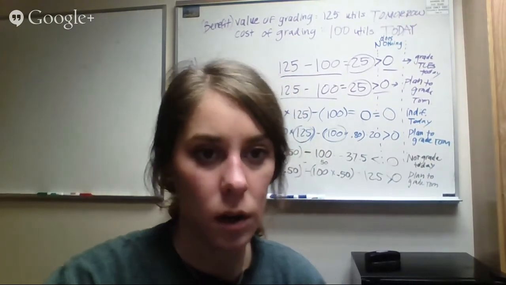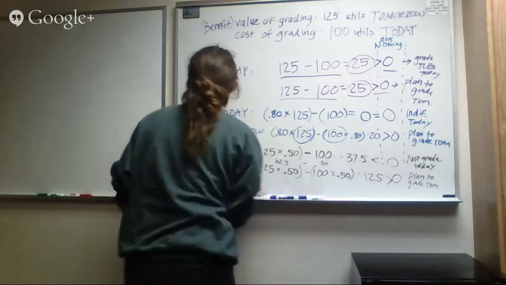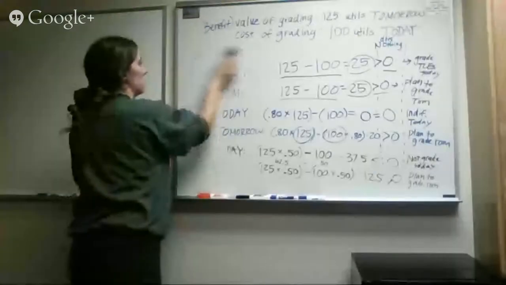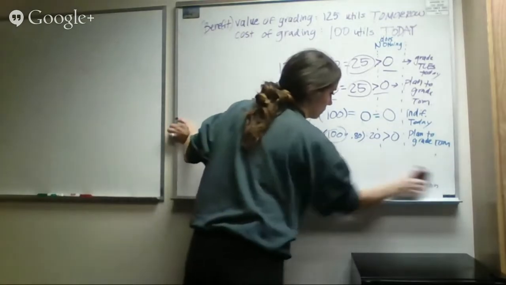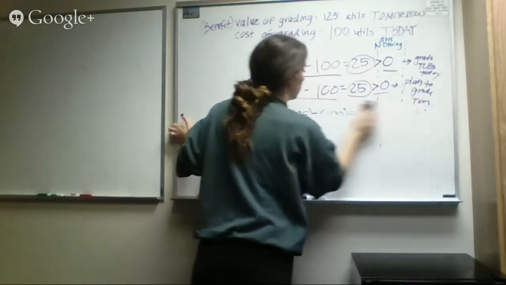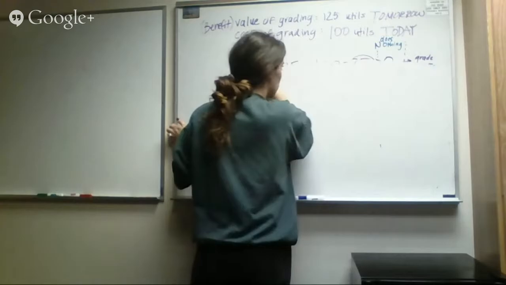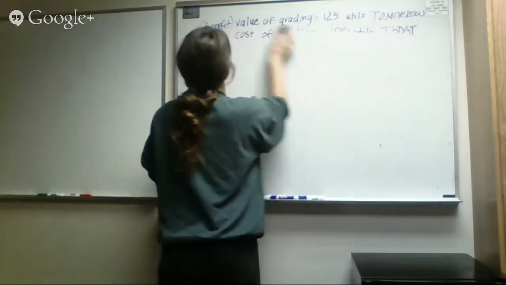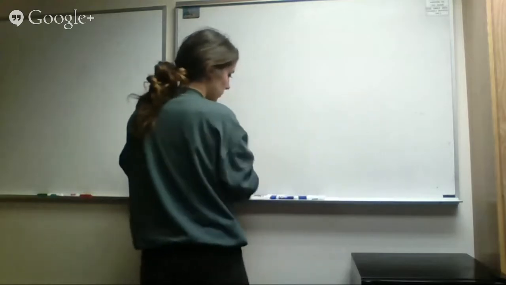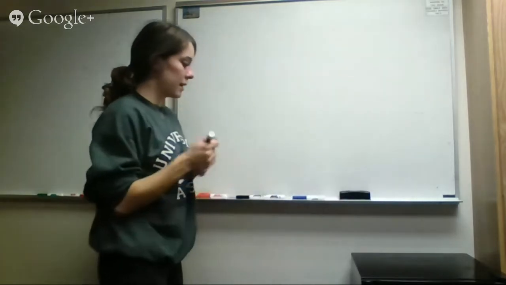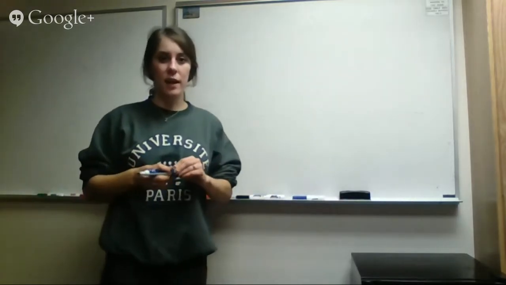Okay, so I'm going to move on to number 4 in problem set 10. Number 4 said, what's the expected value of a dice roll?